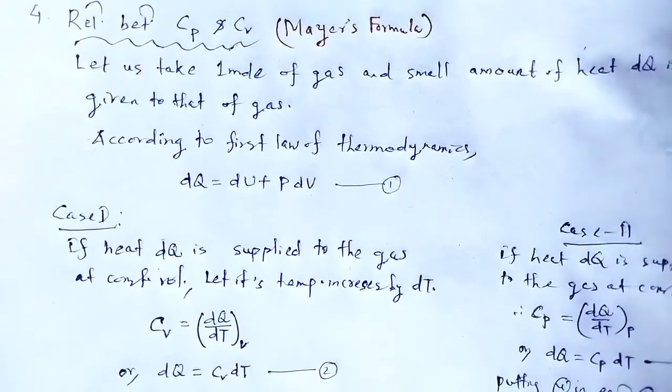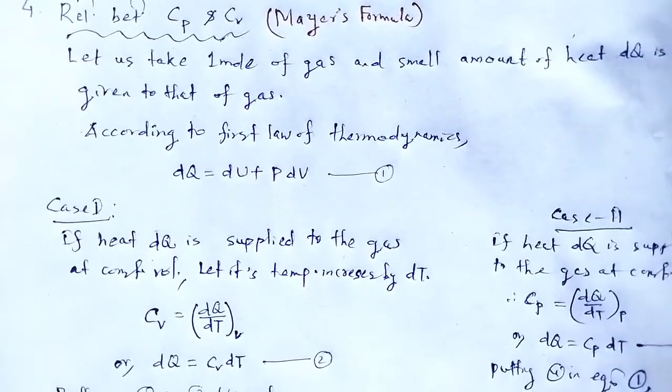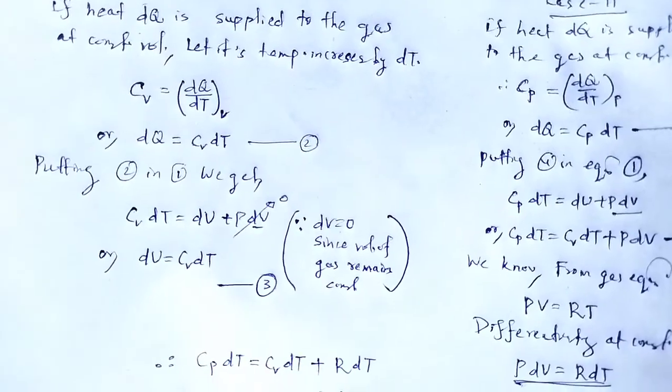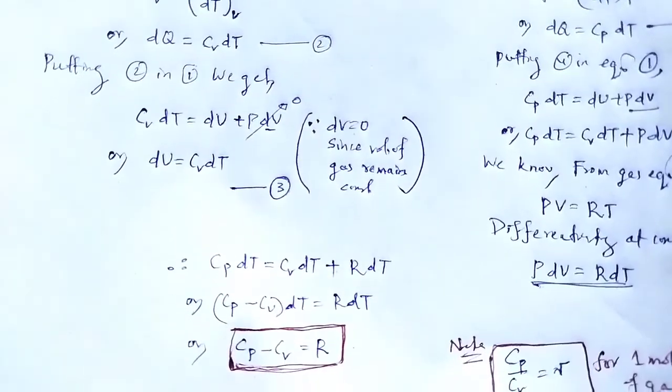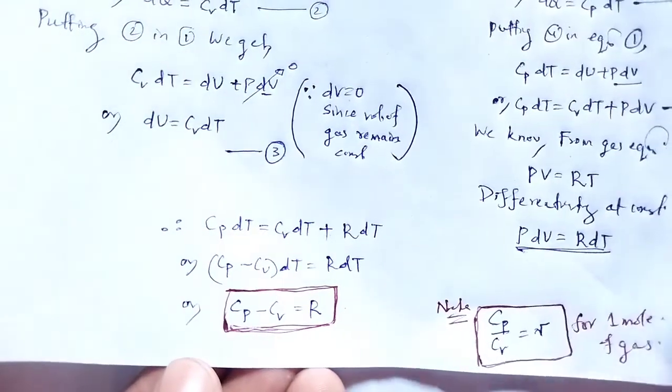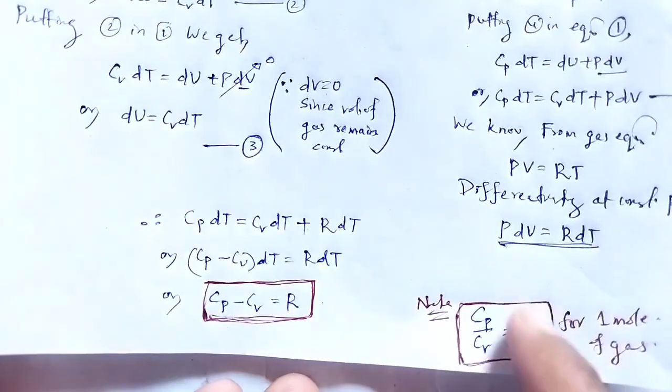Cp is the specific heat of gas at constant pressure and Cv the specific heat of gas at constant volume. Finally we derive the relation Cp minus Cv is equal to R, and Cp by Cv is equal to gamma for 1 mole of gas, which is always a constant value.